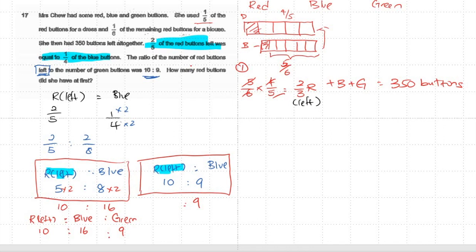I know that when I talk about left, the red button left, blue button and green button, I will have a total of 35 units.